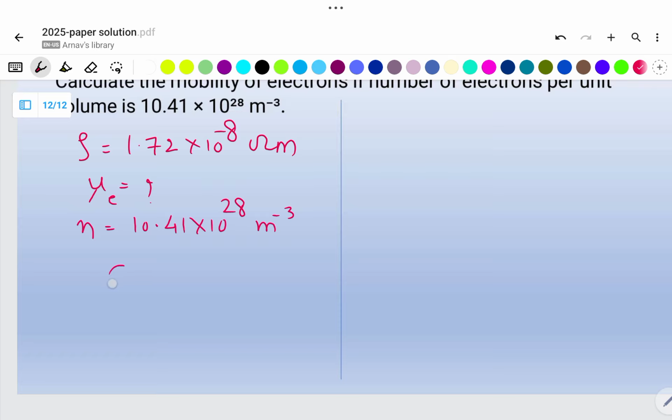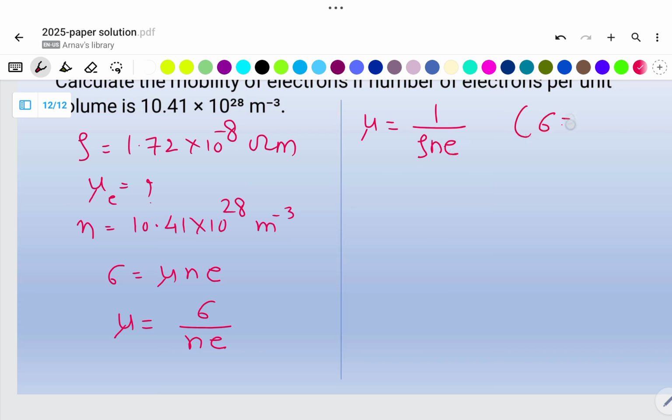Now we already know the formula for conductivity is mobility, concentration of electrons and the charge on electron. So I can write this mobility as conductivity divided by N into e. And mobility I can write in terms of resistivity as 1 upon rho N e, because we know conductivity is 1 upon resistivity.